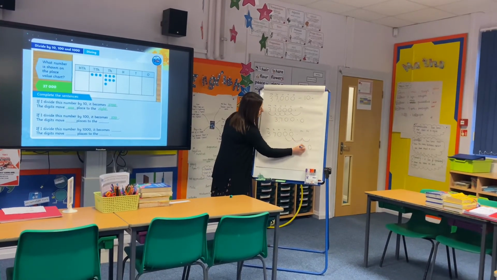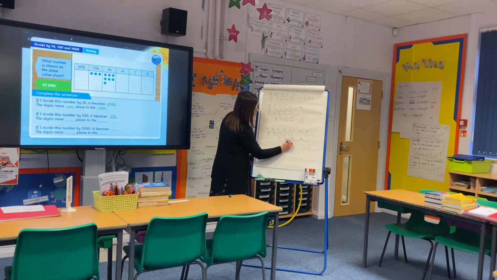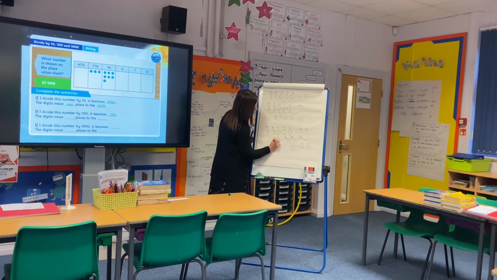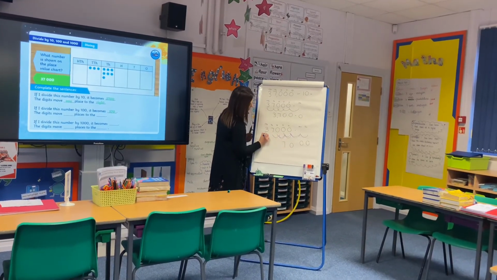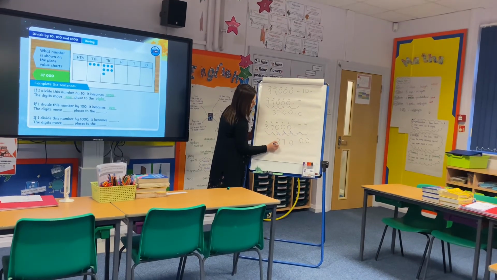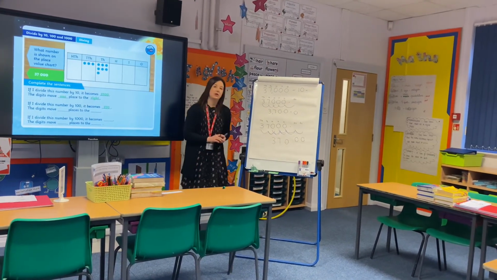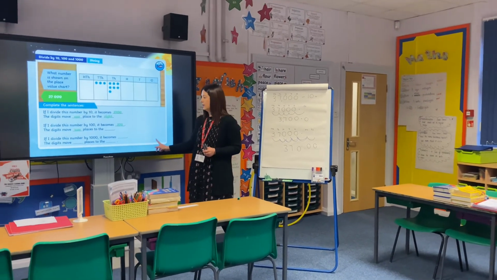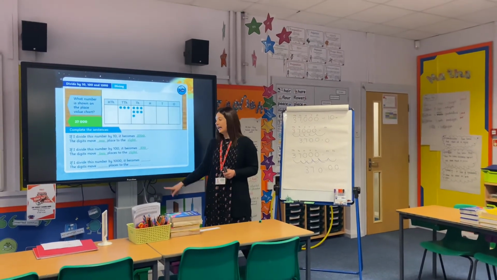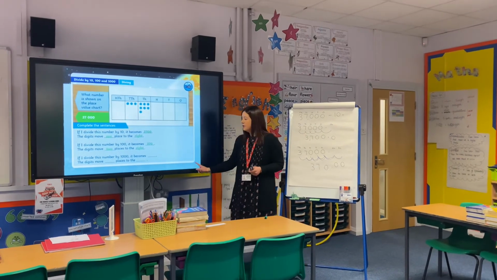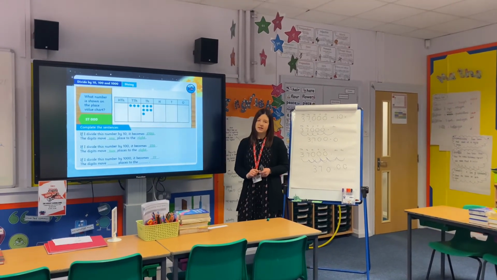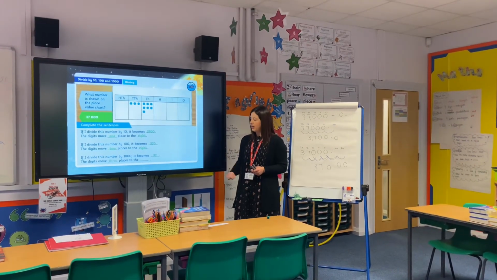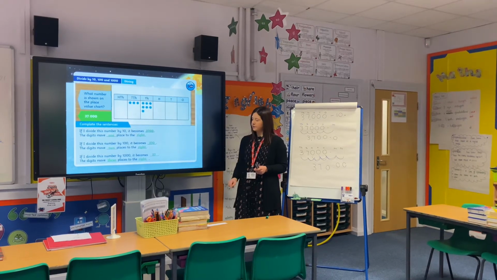And if I put my decimal point in, you'll see the number's 370. So the digits have moved 2 places to the right. And finally, if I divide this number by 1,000, it would become 37. And the digits have moved 3 places to the right.